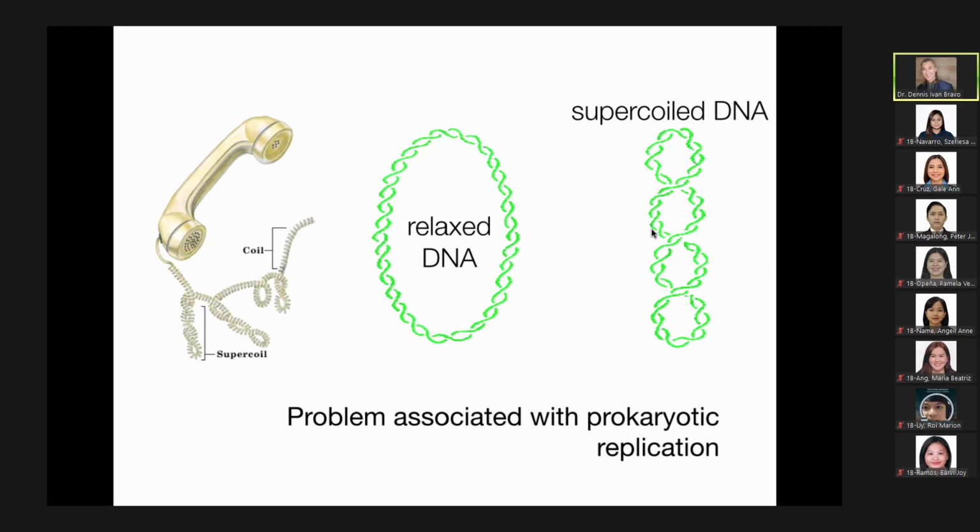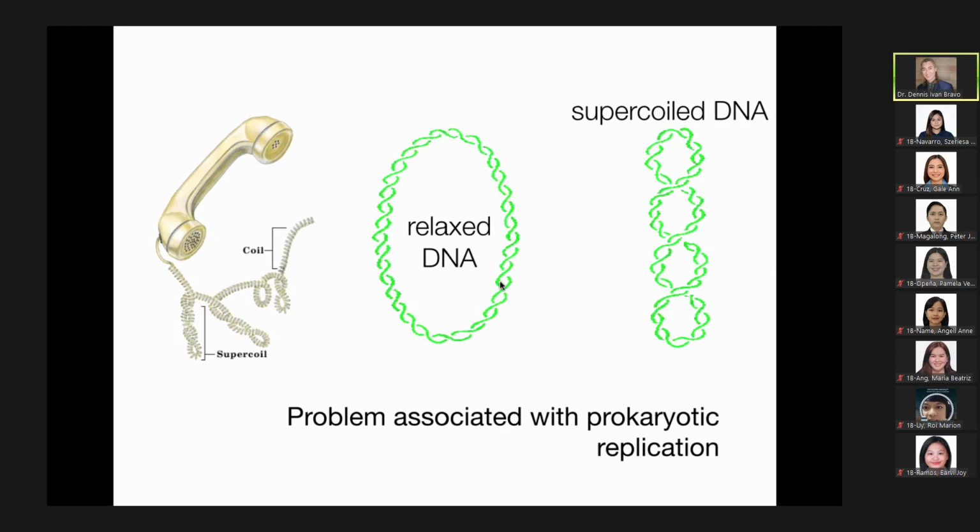So why does supercoiling occur during replication? It requires a bit of imagination. So imagine if we're going to separate the two strands here. Since this is closed circular, the helices here would tighten if we loosen the helix here, because it will twist and it has nowhere to go.